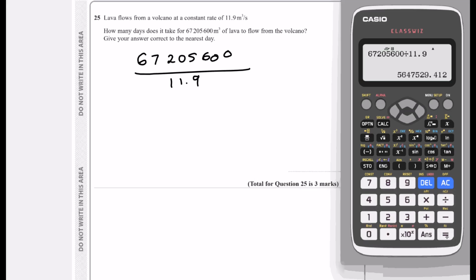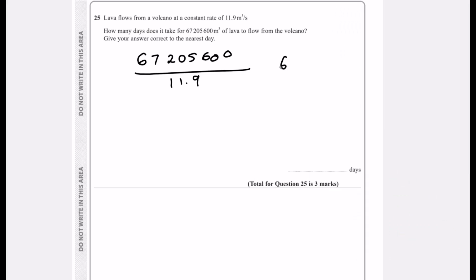So that is 5,647,529 seconds, that's how many seconds it takes. Keeping the whole number in the calculator, I need to change these seconds into days. So I can change it into minutes by dividing it by 60.